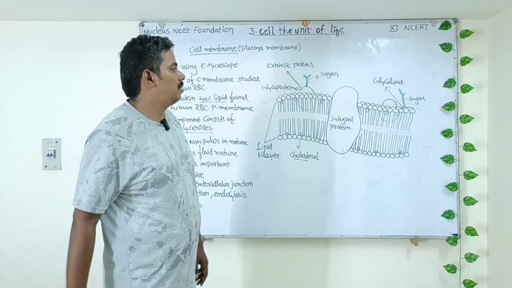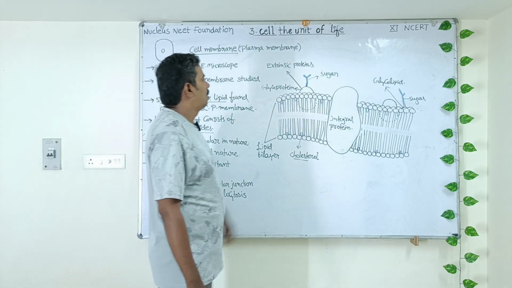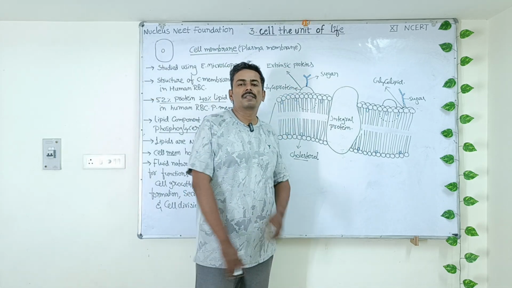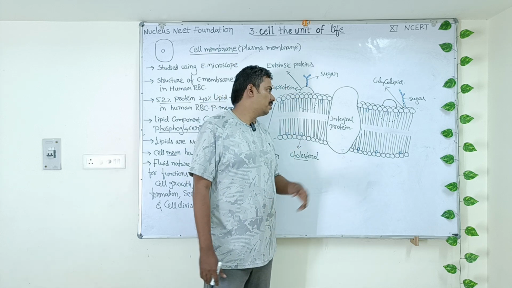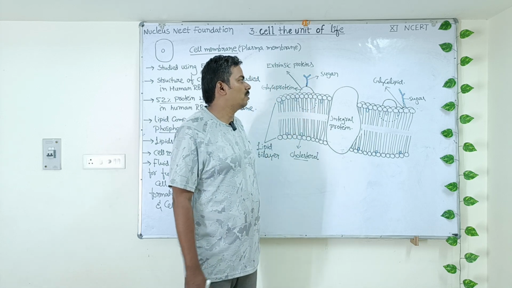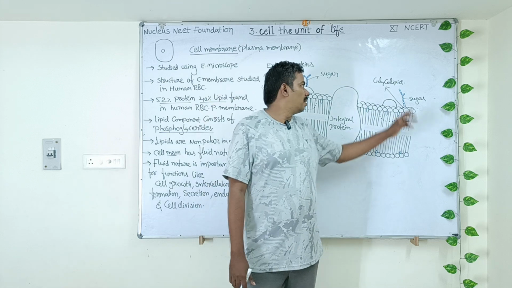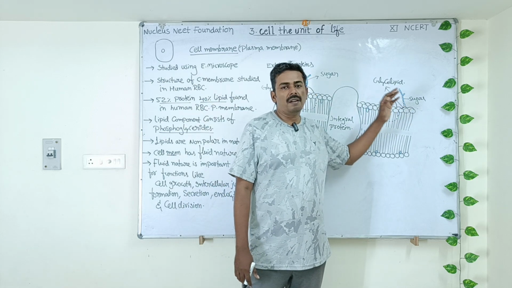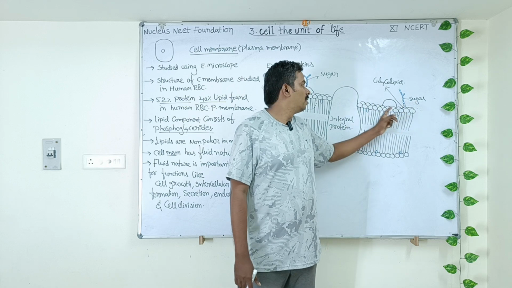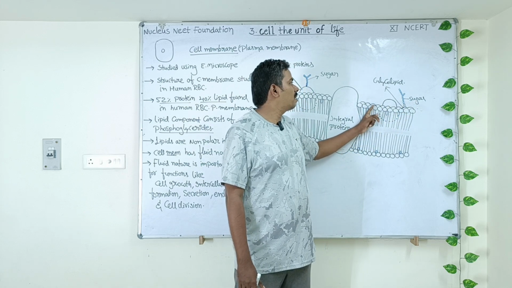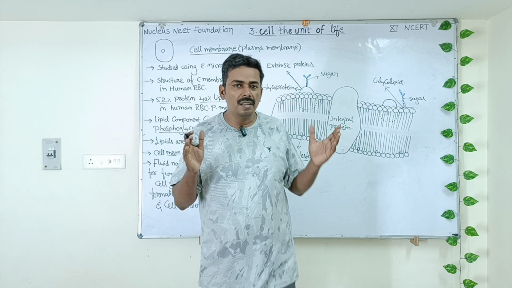So based upon the presence and absence of sugars, the proteins are again of two types, glycoproteins and normal proteins. A glycoprotein has attached sugar. Similarly, lipids are glycolipids and normal lipids. Glycolipids have an attached sugar molecule. Those lipids which do not have attached sugar molecules are just called lipids.